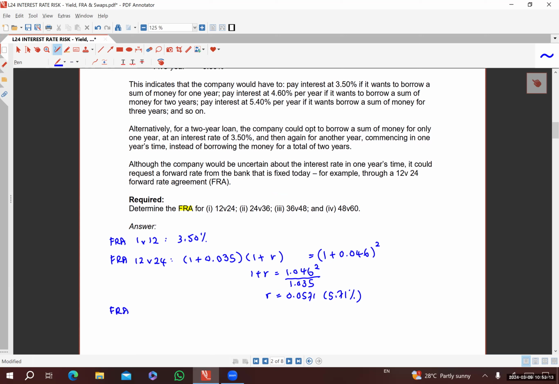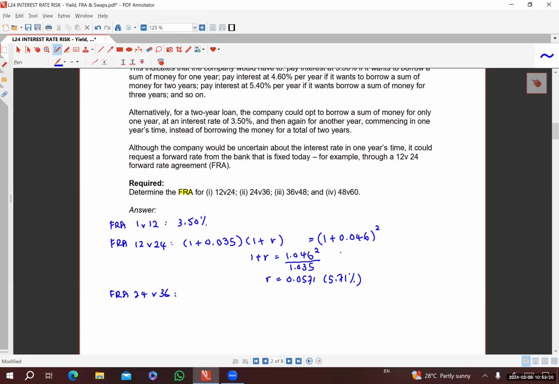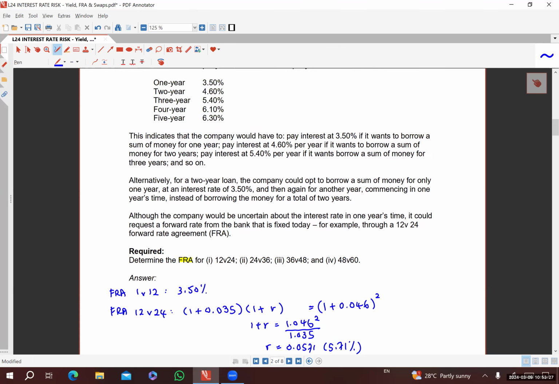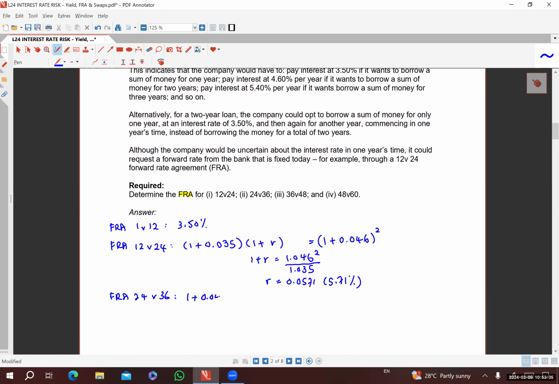The FRA rate for month 24 to 36, or the third year: the process is repeated. If I invest $1 now in a 2-year bond, I will earn a yield of 4.6% per annum, so 0.046 per annum for 2 years, to the power of 2. At the end of 2 years, I will have this.